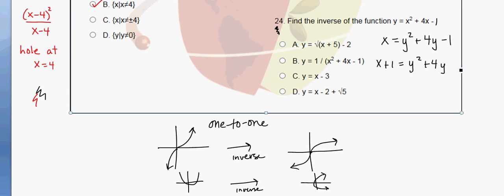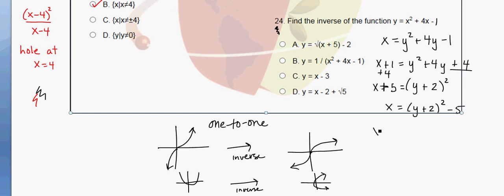And I want to add the number that will make this a perfect square factor. So I'm going to want to add 4. If I add 4 to the right, I have to add 4 to the left. So I get x plus 5 is equal to y plus 2 quantity squared. So solving for x, I get x equals y plus 2 quantity squared minus 5.